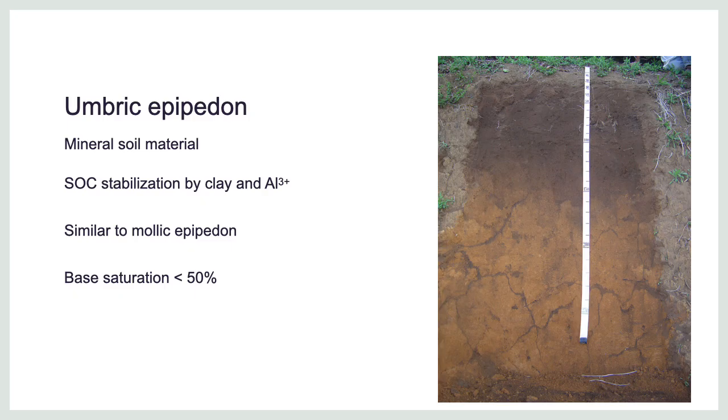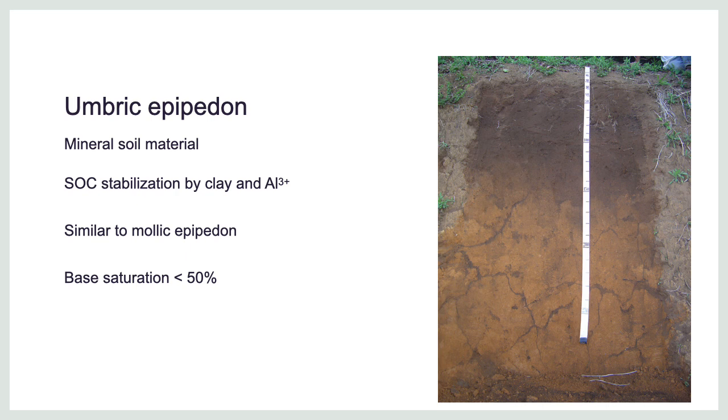Both register dark color, both register a medium content of organic carbon, but in the case of the Umbric pattern, we don't have calcium stabilizing and creating a horizon with dark colors and median organic carbon content.